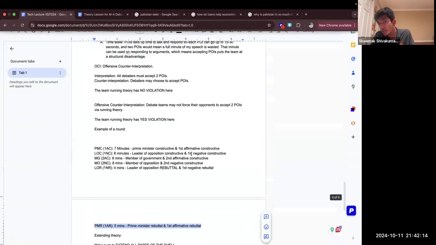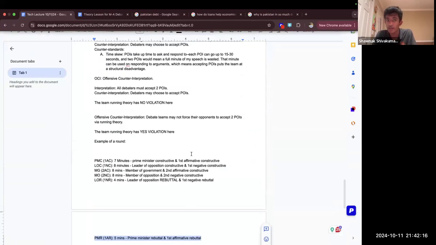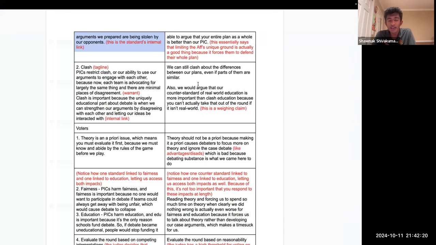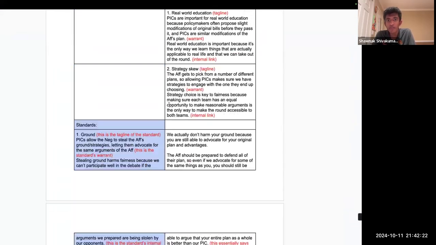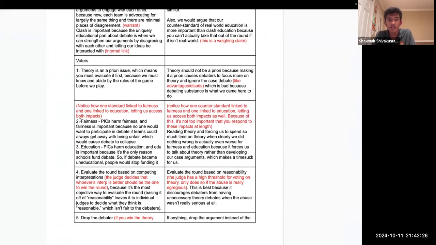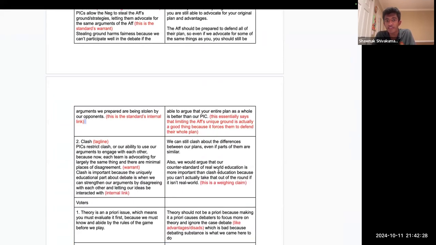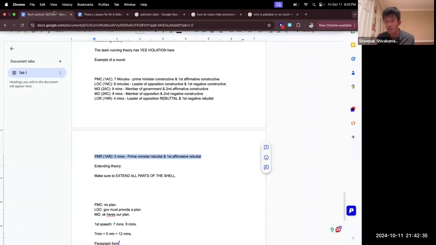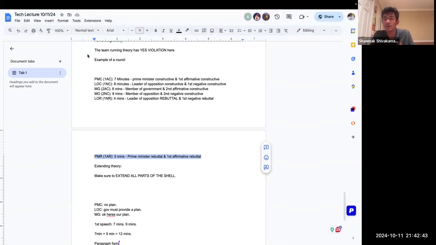What the PMR can do is respond to standards already discussed, or turn the response to the standards. The PMR can still respond to stuff already said. But if it's a new response to a standard, or something new, POO. And that's how you win a lot of theory rounds.